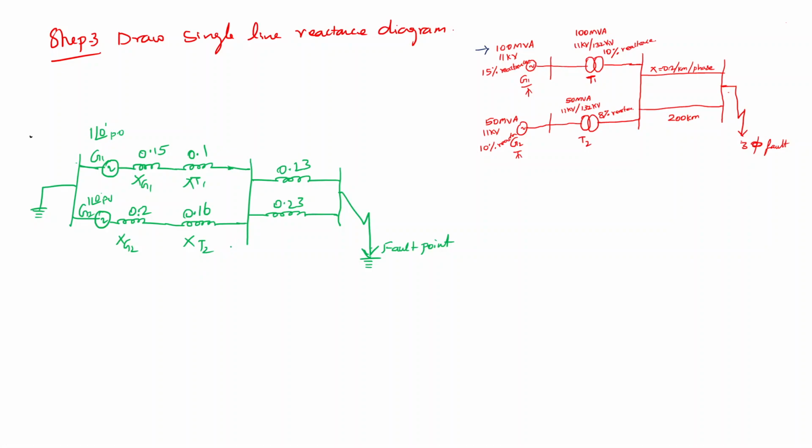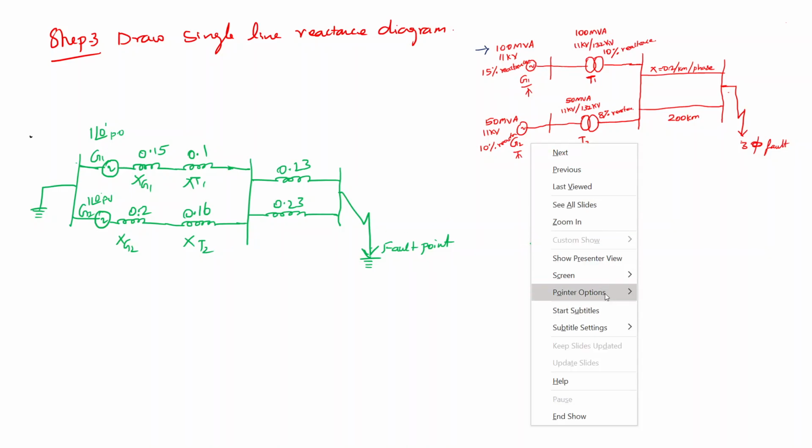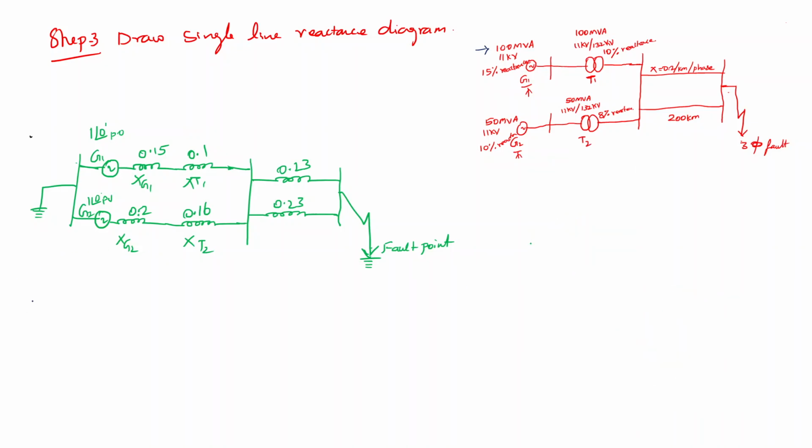What is next step? Step 4, we need to find out X equivalent. X equivalent is nothing but just only one reactance I need to have for the entire circuit.